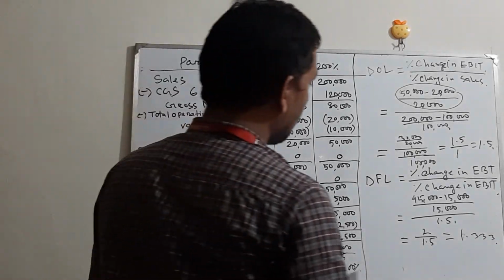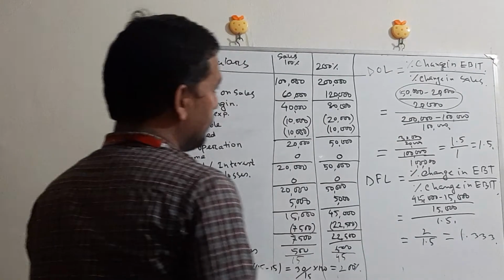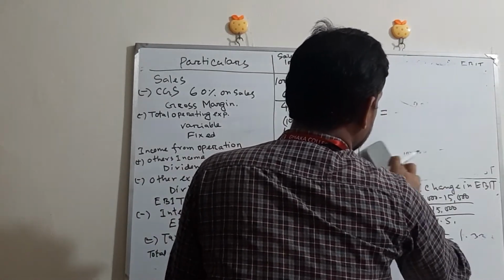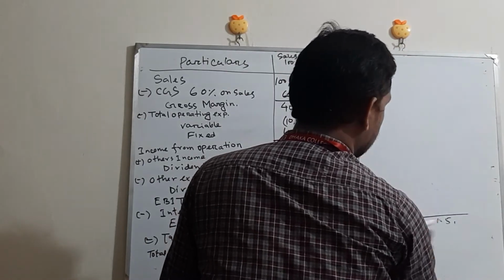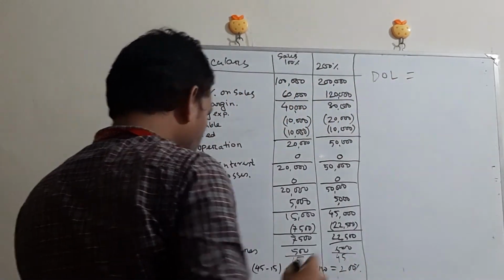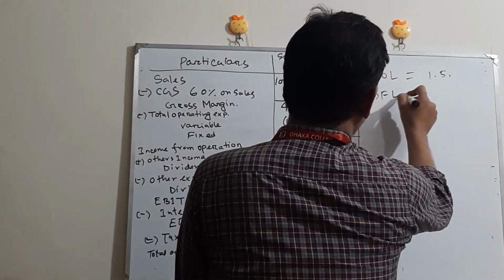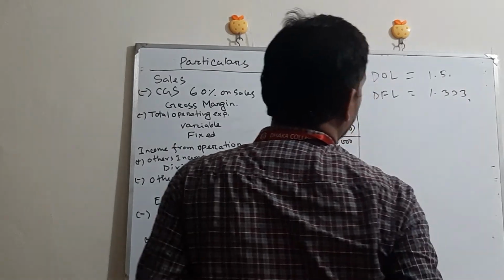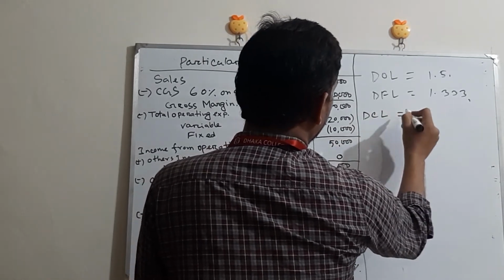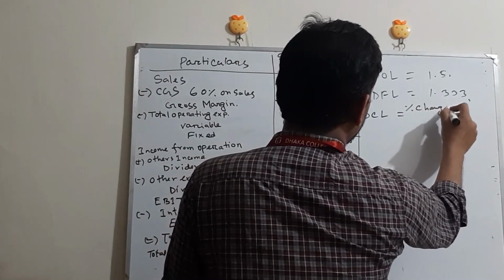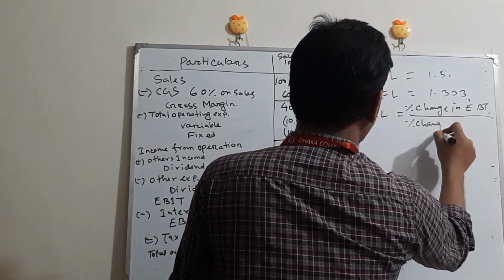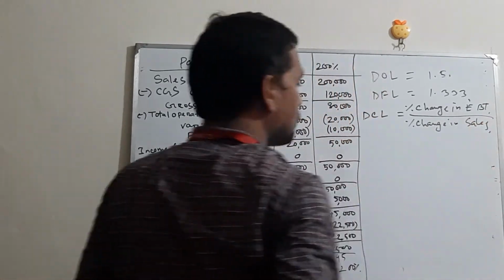So two things here: DOL equals 1.5 and DFL equals 1.333. Now we bring the DCL, degree of combined leverage, which is percent change in EBT divided by percent change in sales.